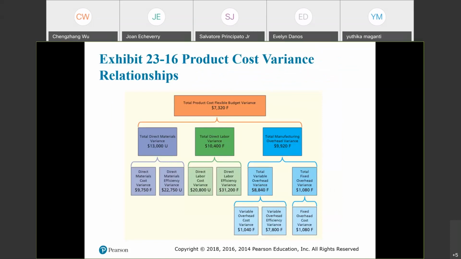This slide illustrates the relationship among the various product cost variances. As we illustrated in the previous slide, there are three variable parts: direct material variance, direct labor variance, plus variable overhead variance.